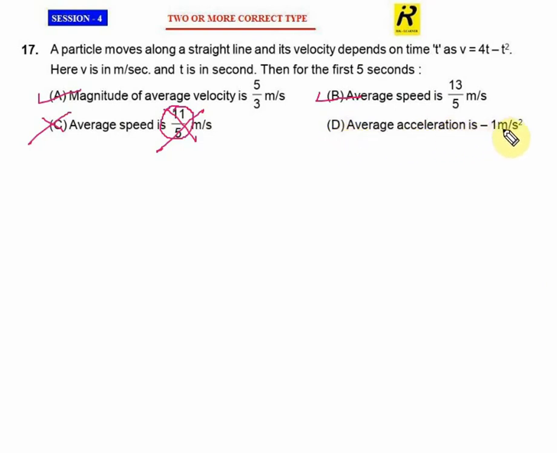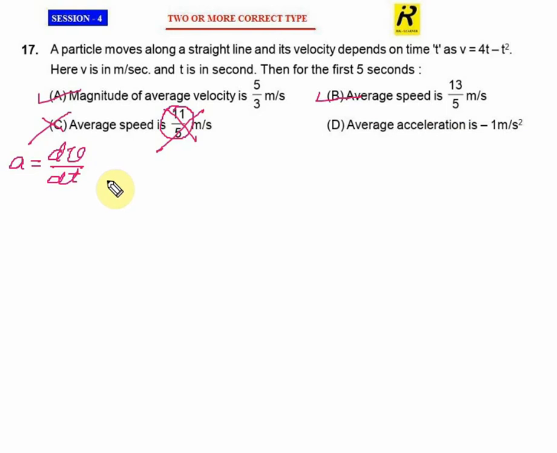Average acceleration is this one. So I have to check whether this answer is correct or not. One more time I am using the same notation, but you must be careful. The acceleration is nothing but dv by dt. Acceleration is dv by dt.